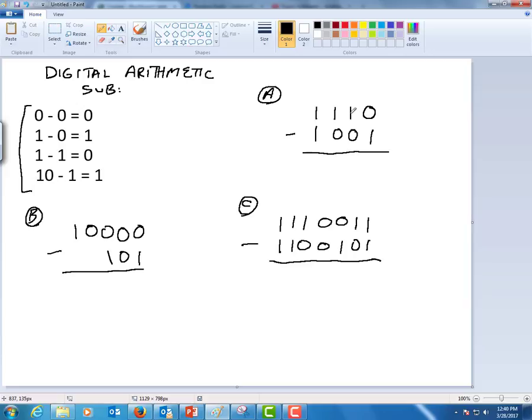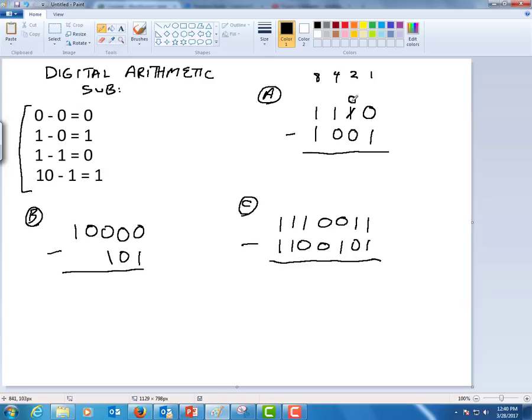Let me show you this by example. This column is the ones column. I'm going to write a 1 up here. This is your 2s, this is your 4, and then this is your 8.